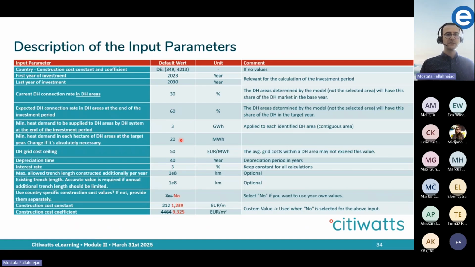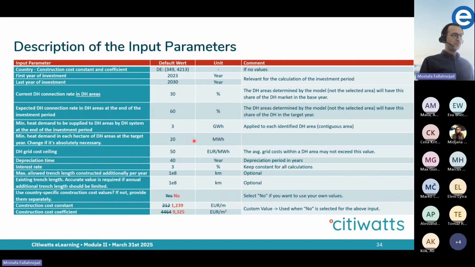Then, for filtering out irrelevant pixels or hectares, you should provide one value. So if I give 20 here, it means that any pixels having less than 20 megawatt hours of demand should be excluded from the analysis, and then the calculation starts.